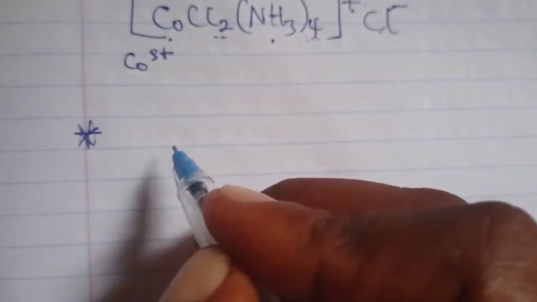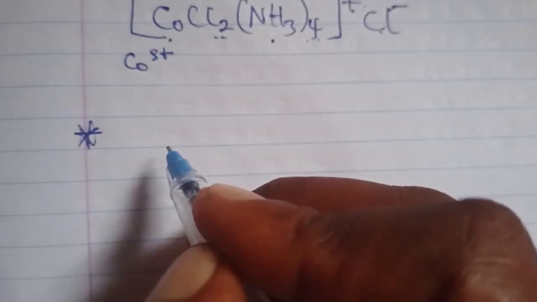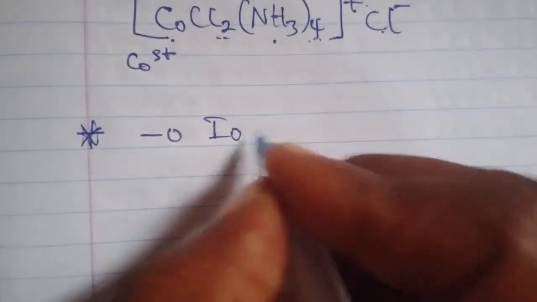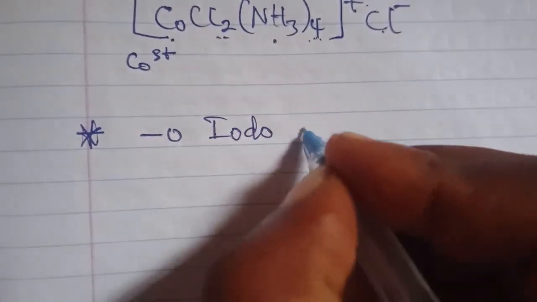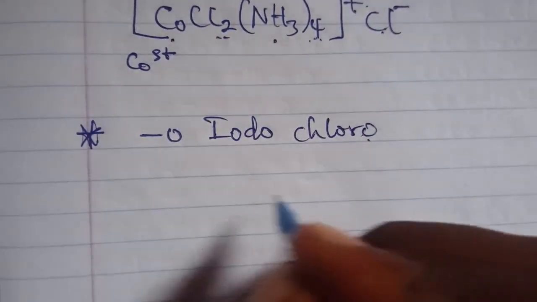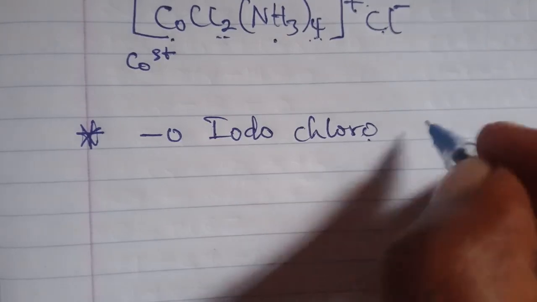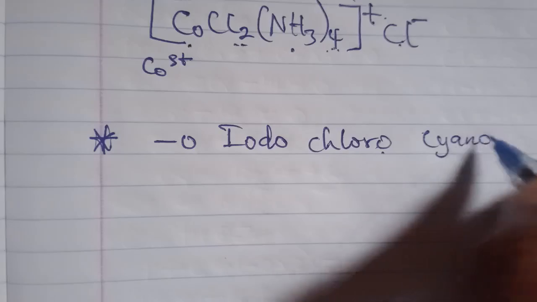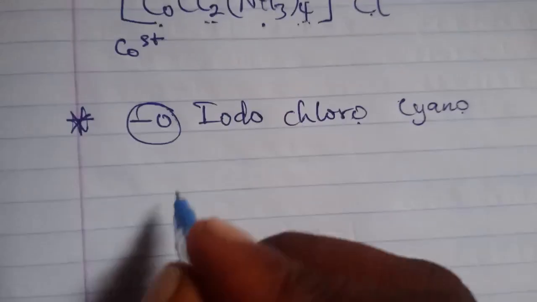The negative ligands, which are the anions, have names formed by adding O to their names. For example, we can have iodo, we can have chloro. So we add the O to the negative anions. If it's cyanide, we have cyano.